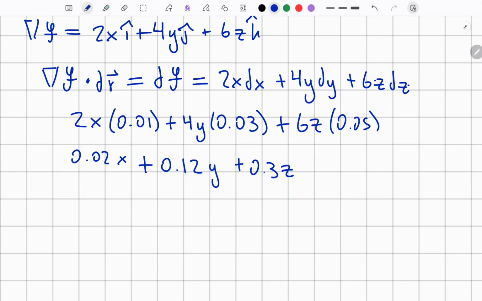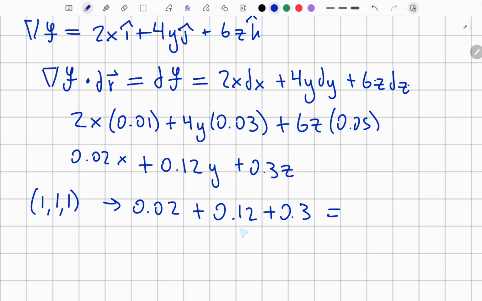Our x, y, and z are 1, 1, and 1. So at 1, 1, 1, it's 0.02 plus 0.12 plus 0.3, which gives us 0.15, 0.17.